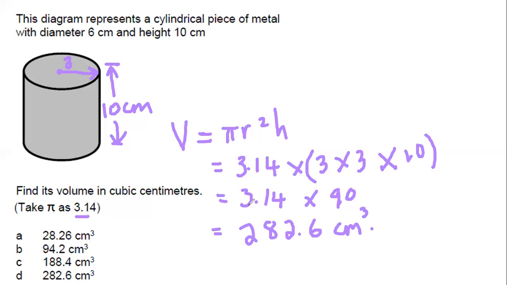Let me show you something. What's 3 times 90? Not 270? Yes, it has to be more than this. So the answer must be D. Follow? All right.